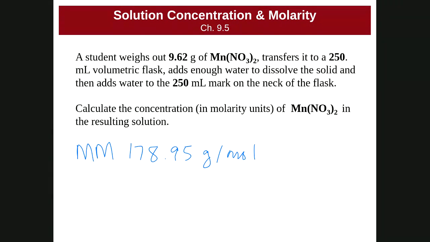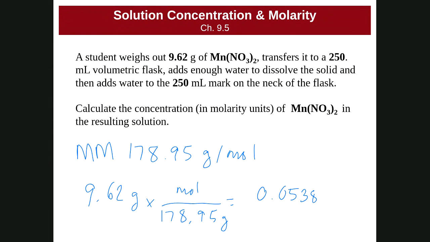So when we take 9.62 grams, we're going to divide it by the molar mass so that our mass is on the bottom and moles are on the top. And that's going to give us 0.0538 moles. And now we want to take the amount in moles and divide it by our volume. So our volume is 250 milliliters, but we want that to be in liters.